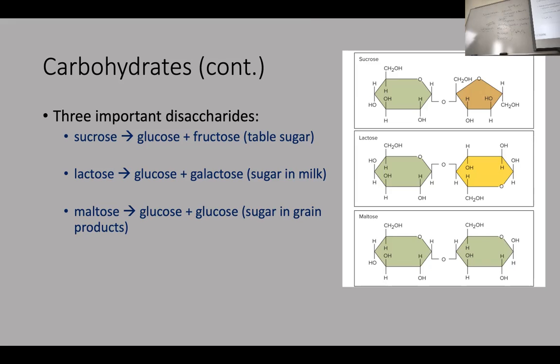So here you see the monomers, the monosaccharides that I talked about. The disaccharides, again, you don't need to know the structure, just know the names and the individual monomers that make them up. And then the polysaccharides here are one we make, the other two are from plants, but we ingest them in our diets, hopefully. So glycogen is our form, that's how we store carbohydrates in our body.